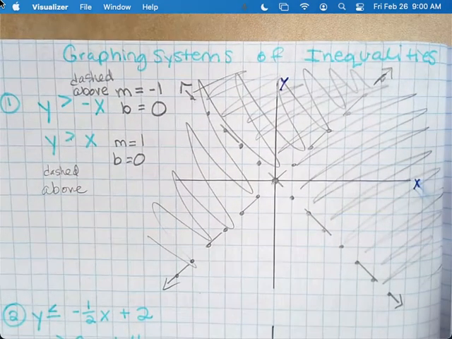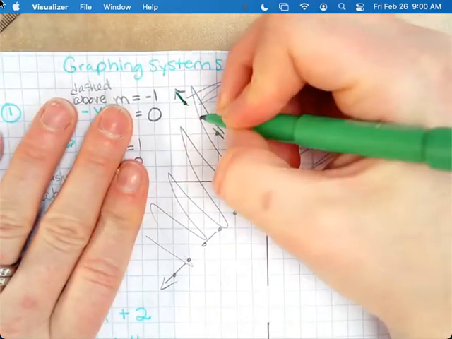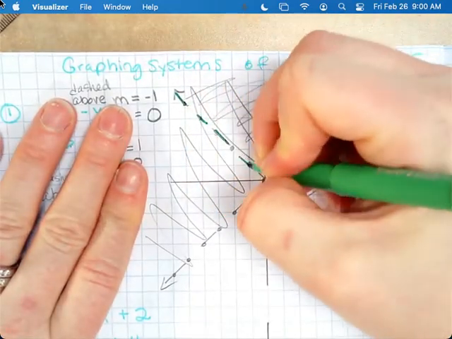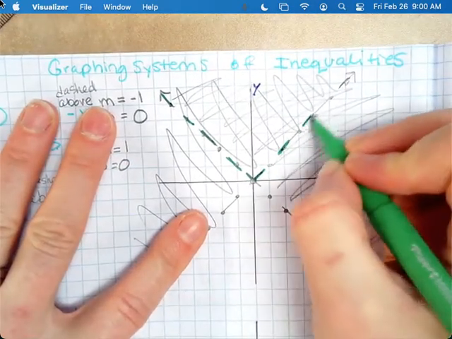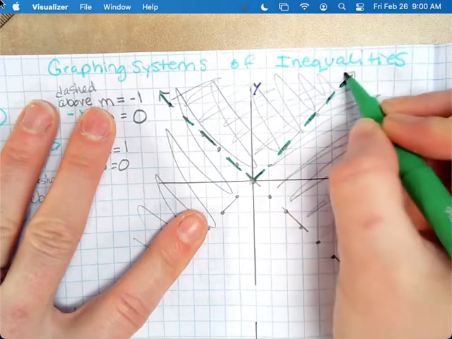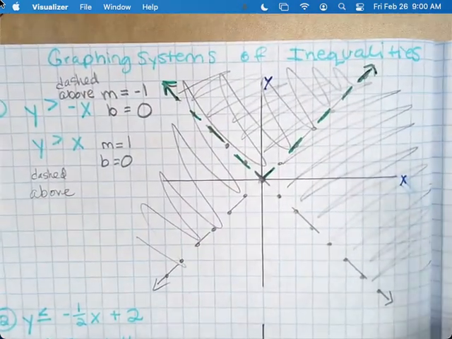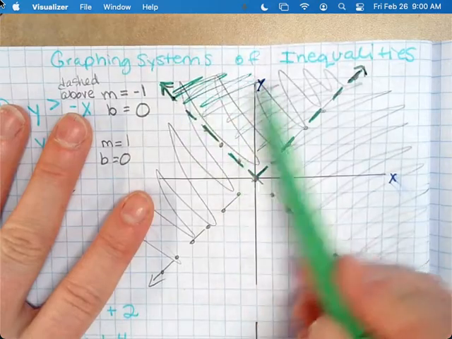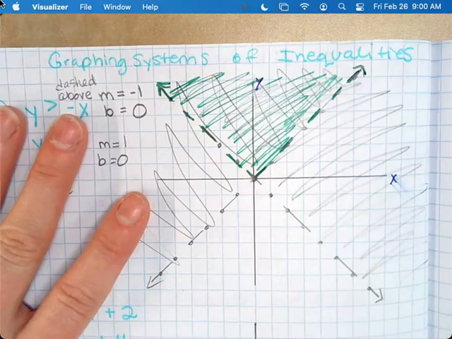Okay, see where it's double shaded? Yes. Okay, what I want us to do is go ahead and do this with a different color. If you have a highlighter or a marker, and shade this. And I have more markers in the back.